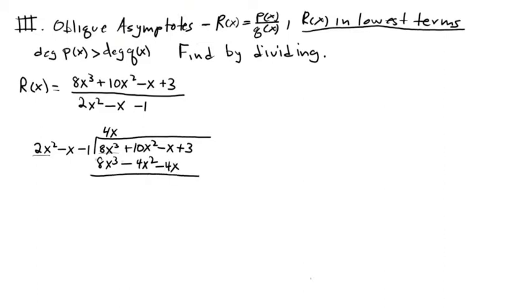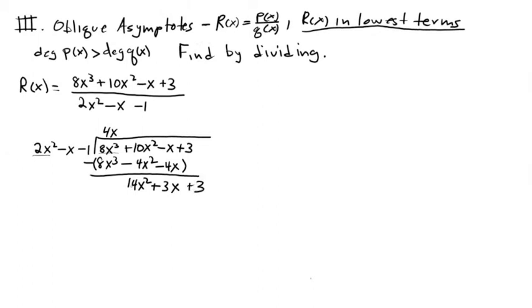Then I subtract. 8x to the third minus 8x to the third is 0. 10x squared minus a negative 4x squared is plus, so that's 14x squared. Then x minus a negative 4x is plus, so that's plus 3x. And then bring down the plus 3.